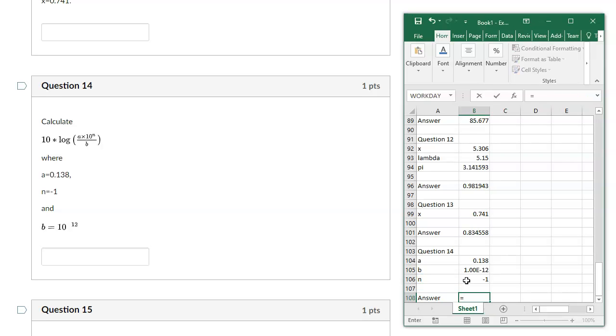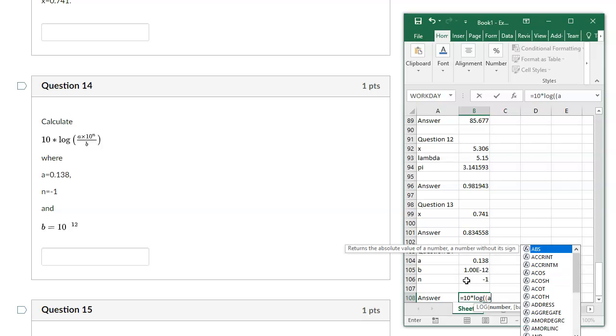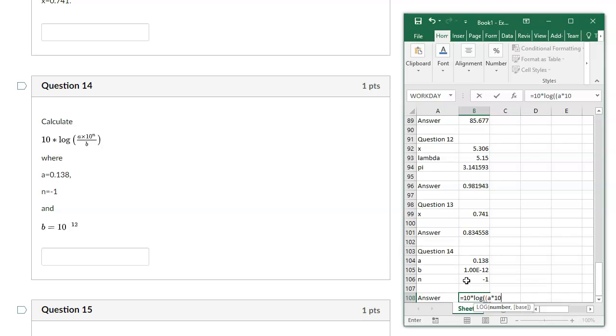Let me start over. 10 times log. Okay, because I have a numerator that has more than one thing in it, I'm going to put parentheses around the numerator. A times 10 to the N. And now I've clearly isolated that numerator, and I can divide by B without any problem.